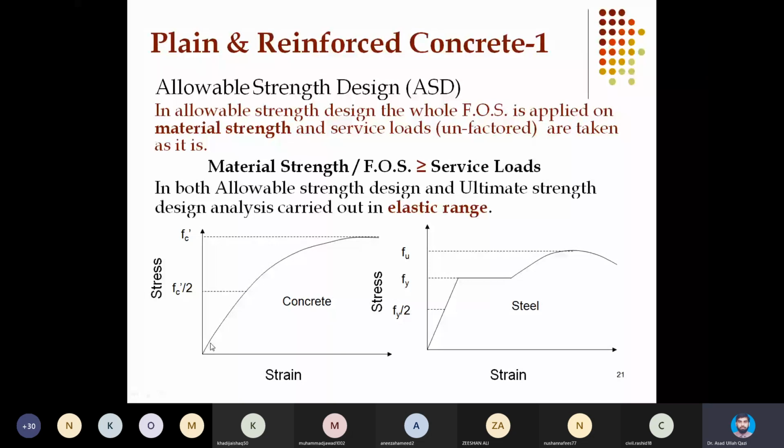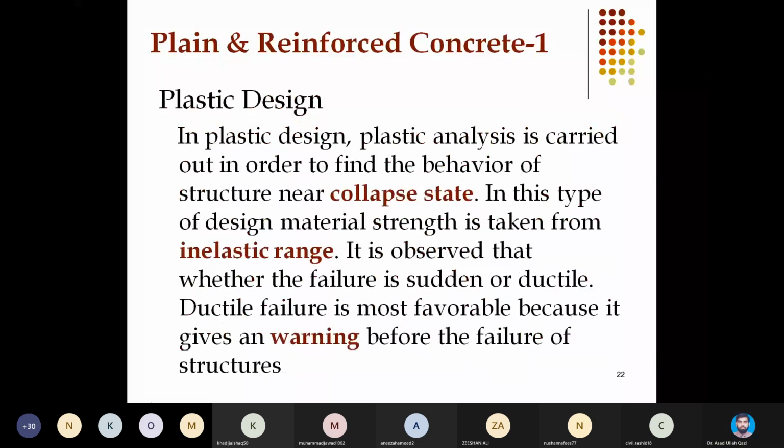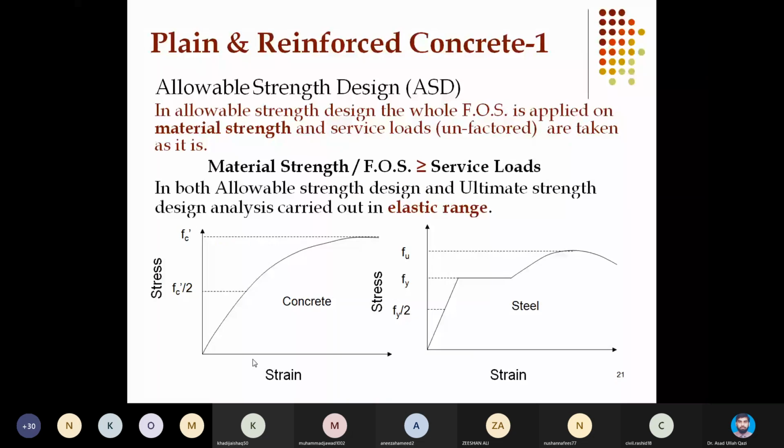The curve, rather than a curve, it will be nearly a straight line in the portion very close to the origin. So in this portion it will be almost linear, and steel we already know that it is linear elastic up to the yield limit.